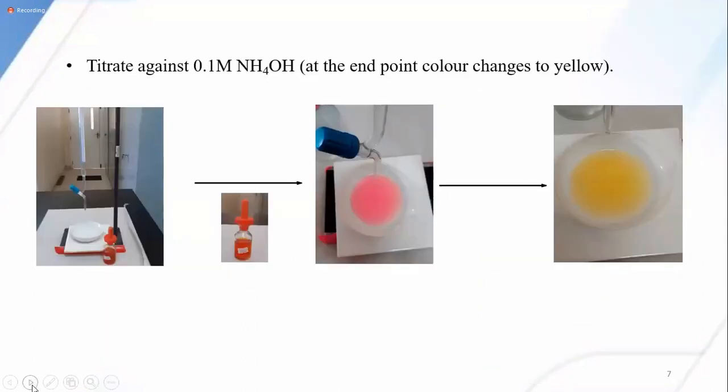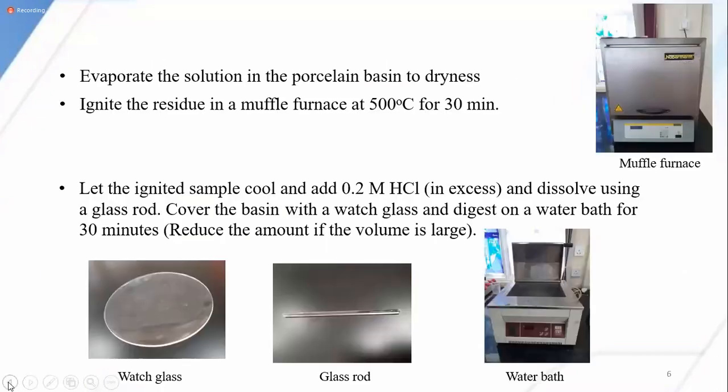Then after that, you can titrate. You get the sample in a crucible and you can transfer it to the porcelain and directly titrate that solution. For keeping the sample in the muffle furnace, you can transfer it to the crucible or directly place it in the porcelain basin.